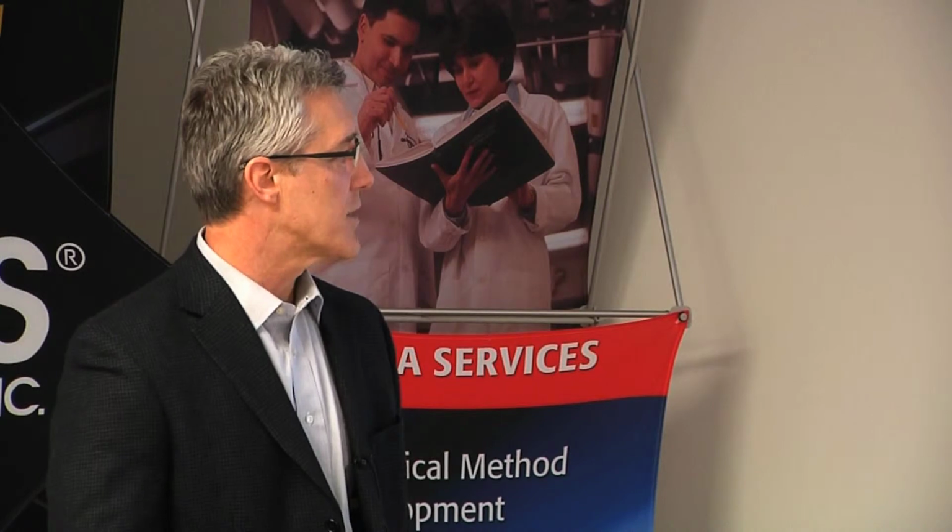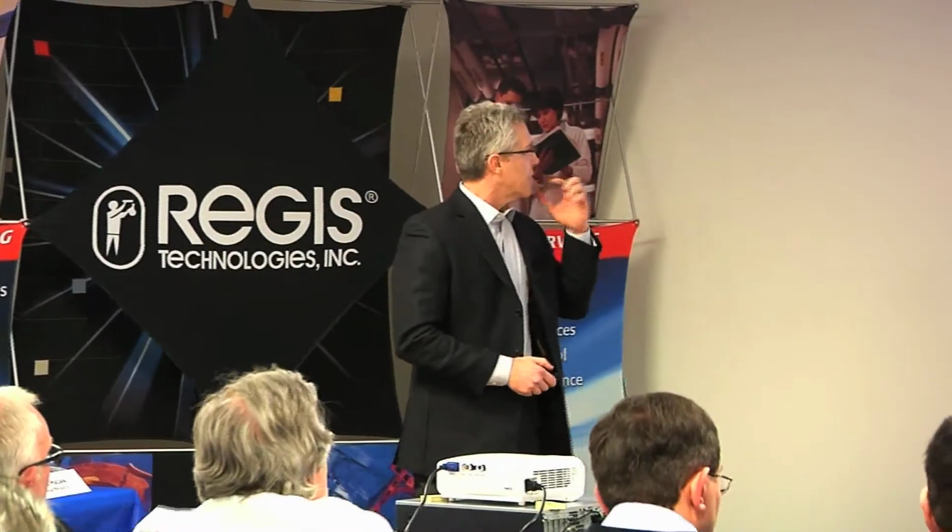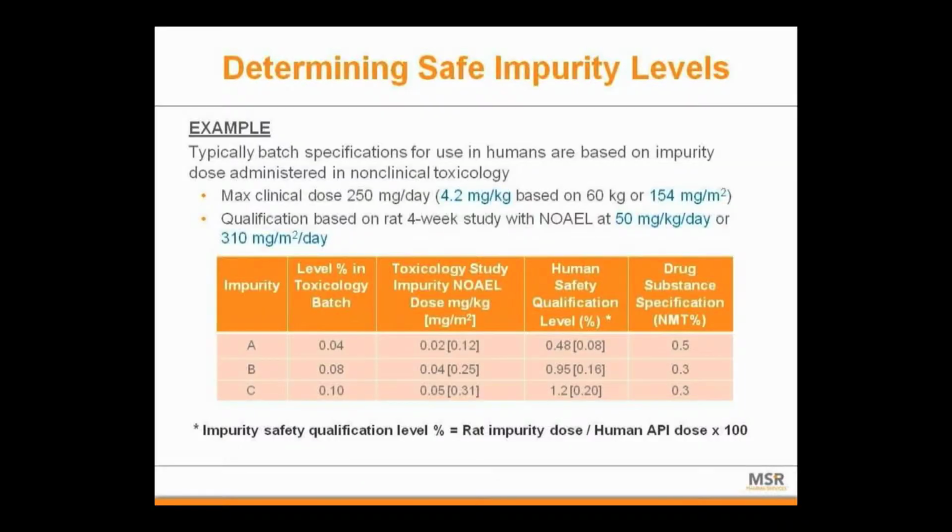And then risk assessment for the intended population. For instance, if you're going into cancer patients, well, perhaps it's not that important with regard to risk, with regard to having an impurity that may be genotoxic, for example, if you already have an electrophilic compound being dosed to humans. So an example of determining safe impurity levels is shown here.